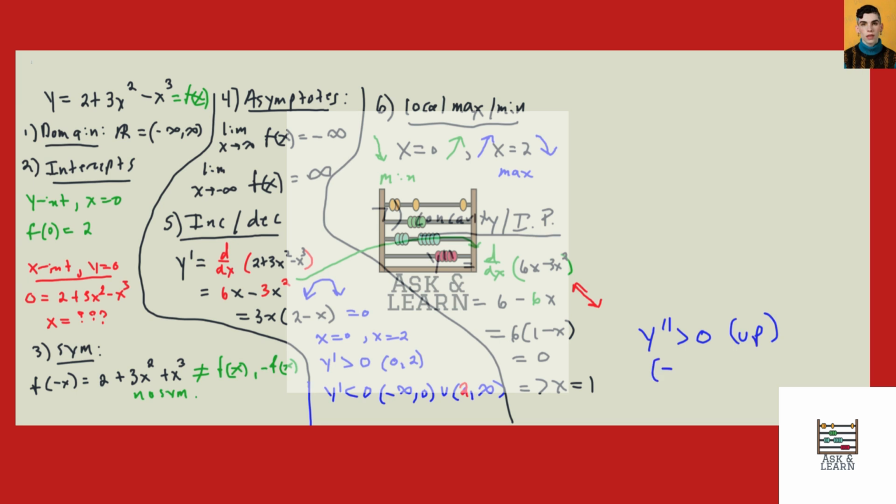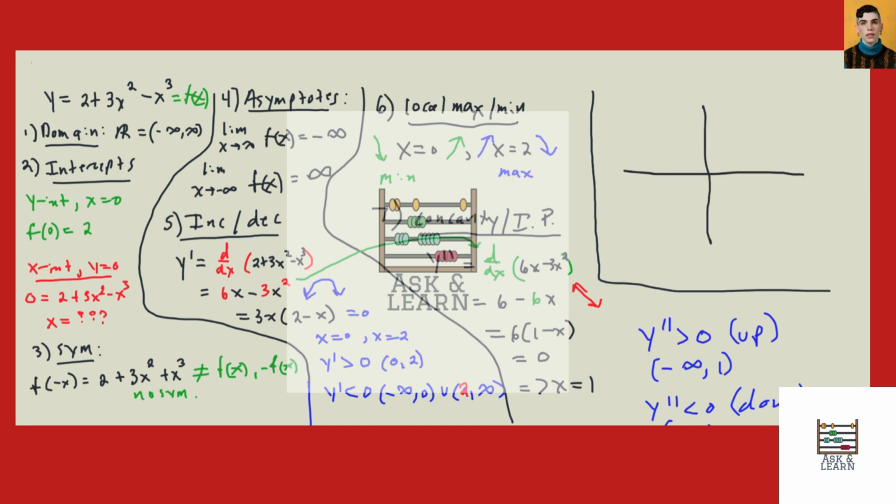So this would be on negative infinity to 1. And then it's going to be concave down on the rest of the interval. So 1 to infinity.